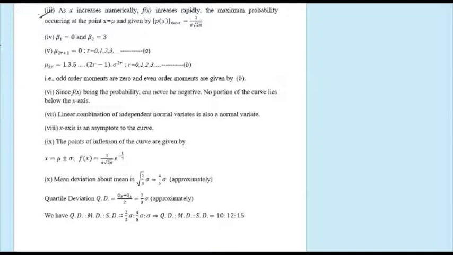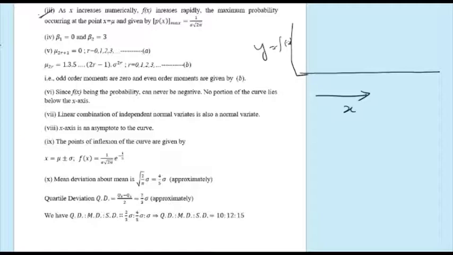Property number 3. As x increases numerically, f(x) increases rapidly, the maximum probability occurring at the point x equal to mu and given by this probability maximum, 1 by sigma root over twice pi. If you look at the curve, this way x will increase, and on the y-axis f of x will increase.